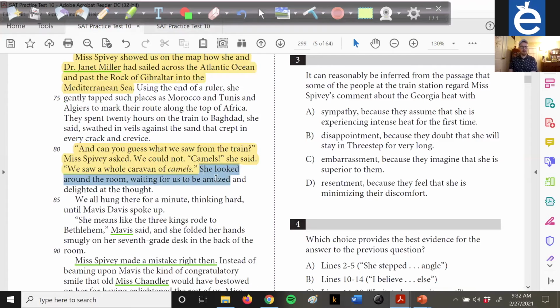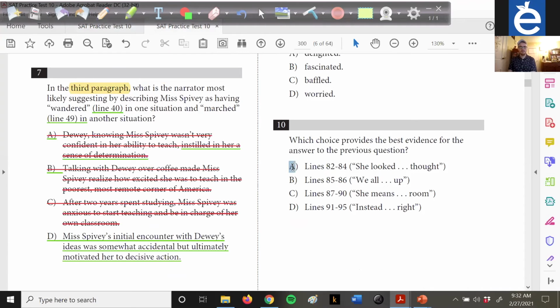"She looked around the room, waiting for us to be amazed and delighted at the thought." Okay, so what is she waiting for? She's waiting for their reaction to the caravan of camels. That definitely has to do with camels, and definitely has to do with their reaction. So let's mark that for now.